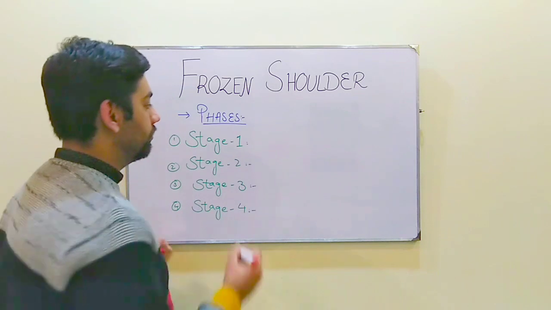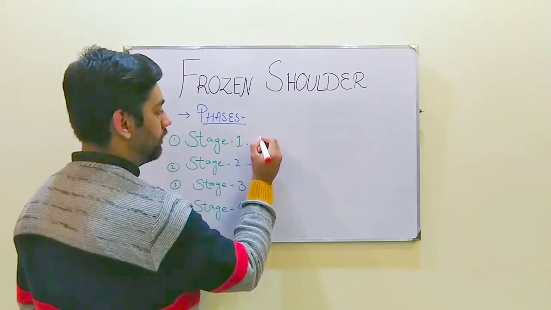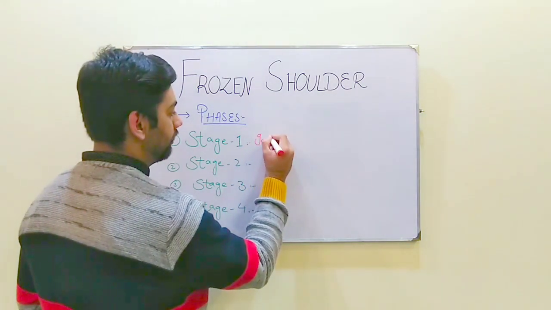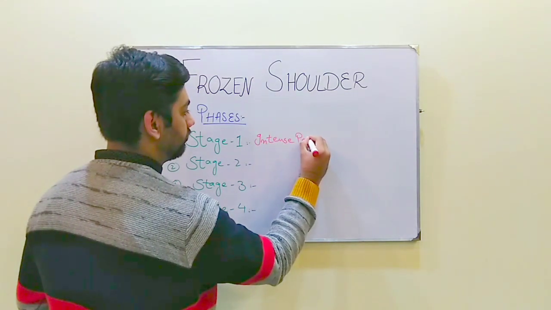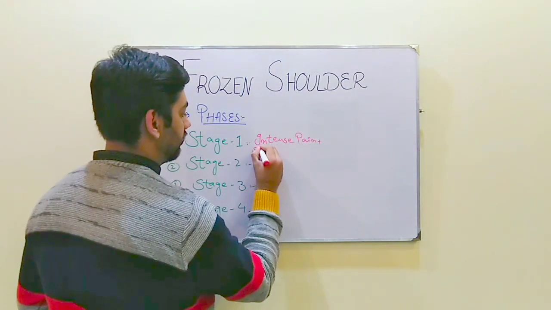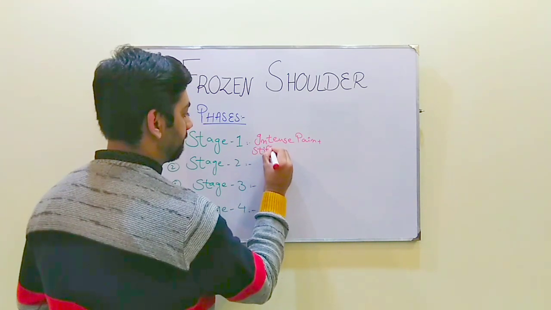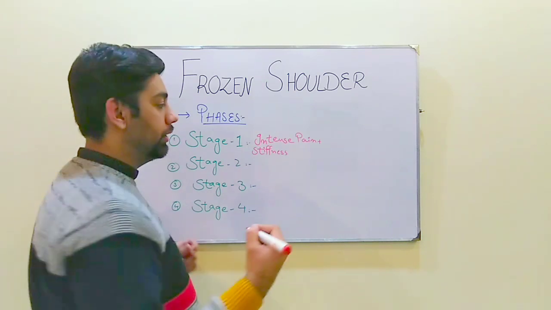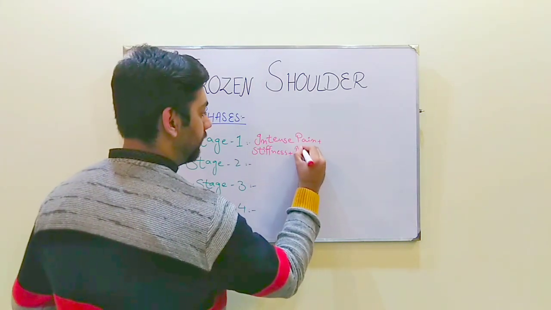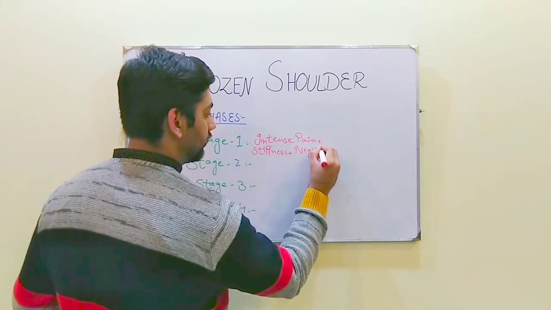So I will write down. During stage 1, the patient feels intense pain, the stiffness, and the pain is usually experienced during the night. So the night pain is also a sign.